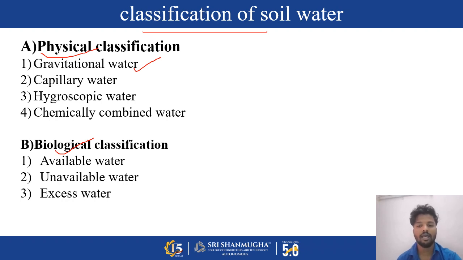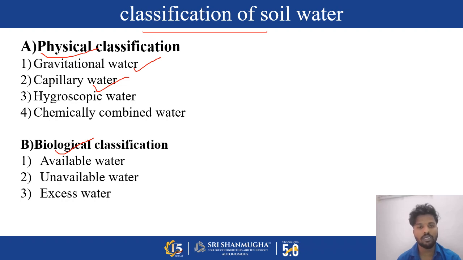The next type is capillary water. Capillary water occupies the micropores, so it is not like gravitational water. It forms continuous films around soil particles after gravitational water has drained.